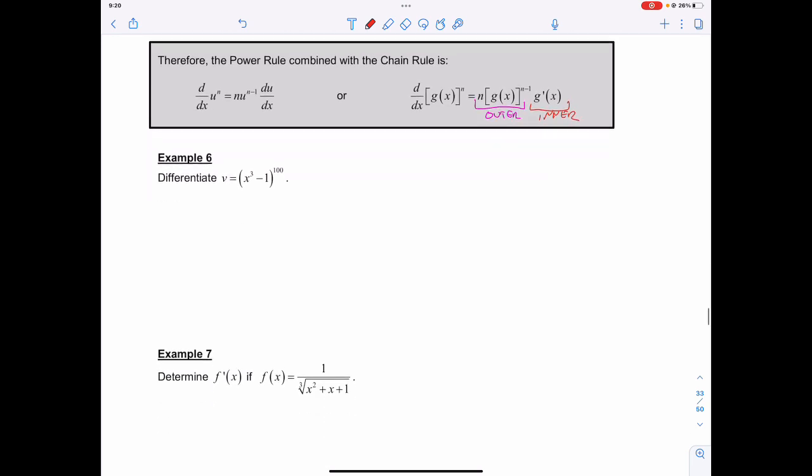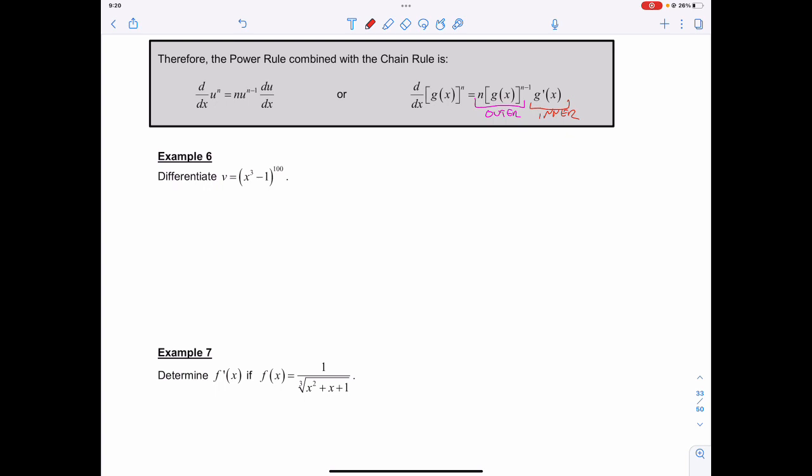So if I'm using that for example 6 here, where it says differentiate v is equal to bracket x cubed minus 1 to the power of 100, then all I'm going to state is that dv over dx is going to equal, just look at this outer shell.